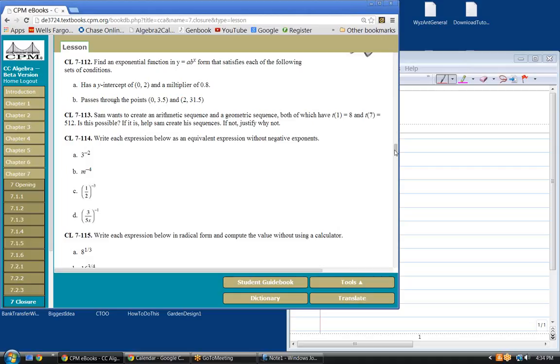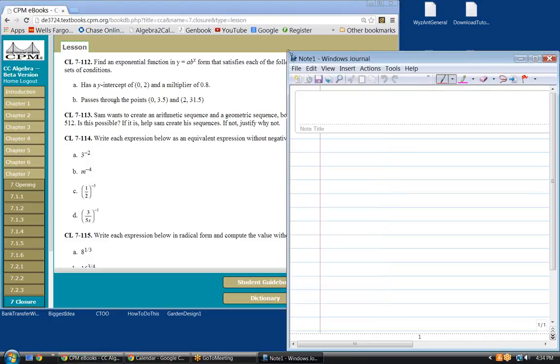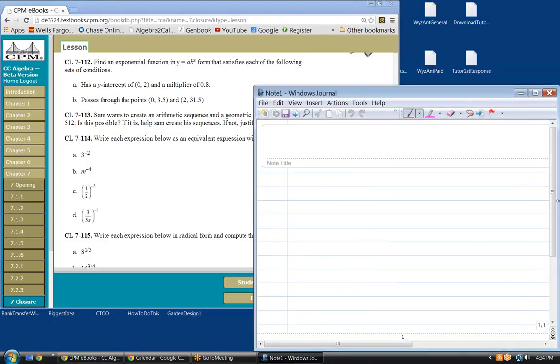Find an exponential function that satisfies each of the following sets of conditions. Has a y-intercept of (0, 2). Okay? So our general form is y equals a b to the x.